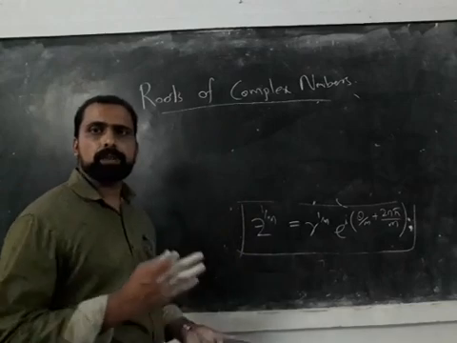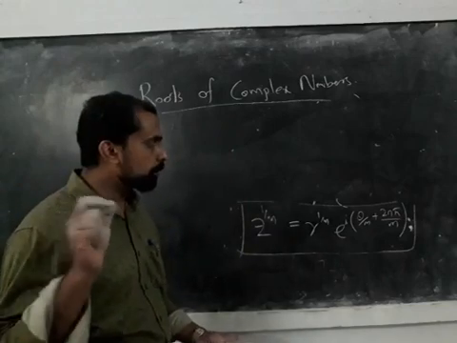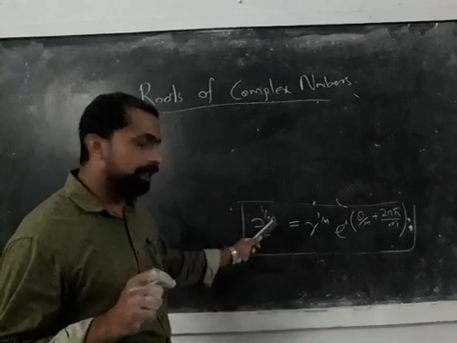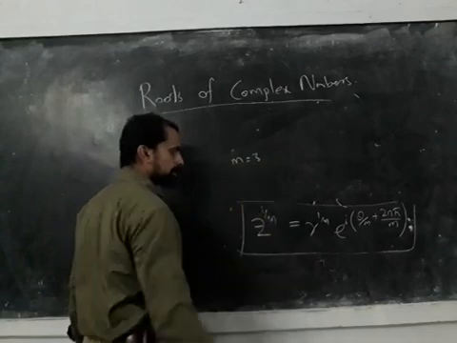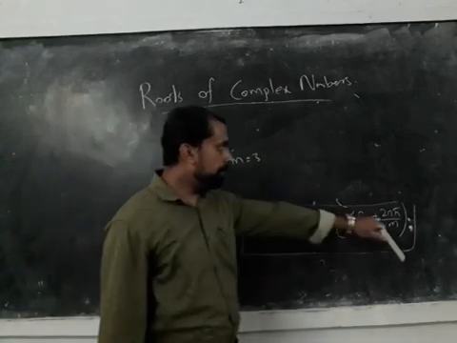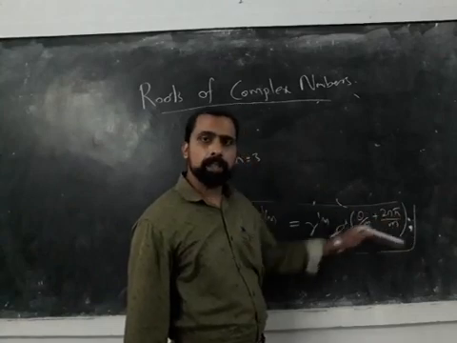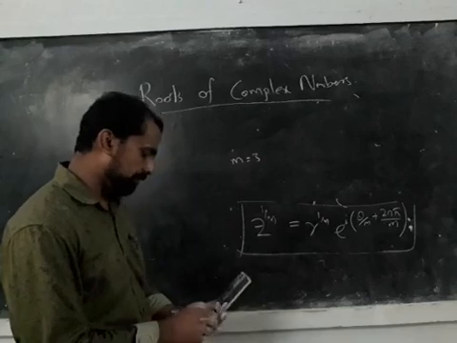You cannot take all the n values for distinct roots. For a particular m, for example, if you are taking m is equal to 3, that is a cube root. Depending upon the value of n, you will have different values, isn't it? Am I right or wrong? Okay.